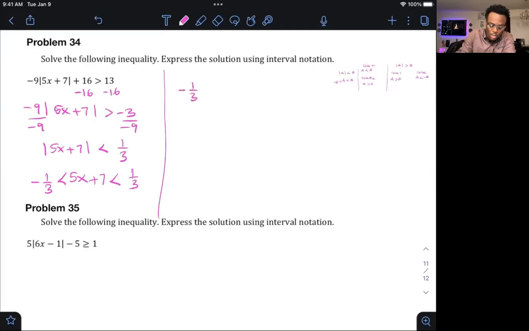So that's negative 1/3 minus 7 less than 5x less than 1/3 minus 7. So that is negative 22 over 3 less than 5x less than negative 20 over 3.